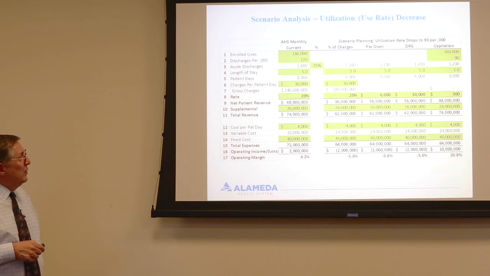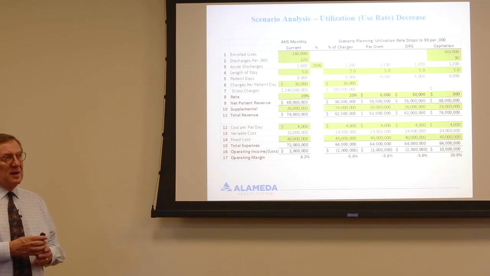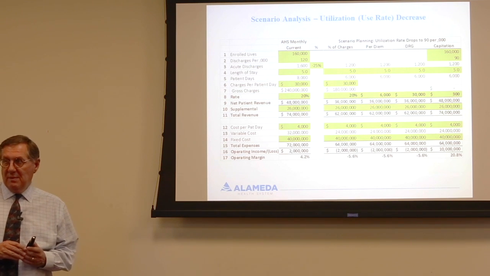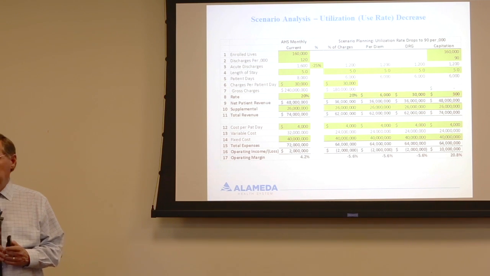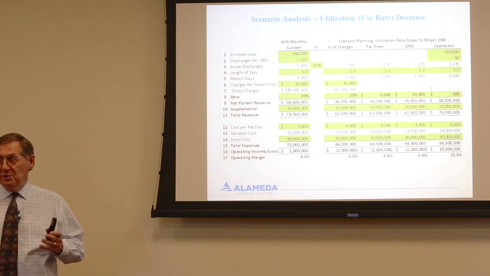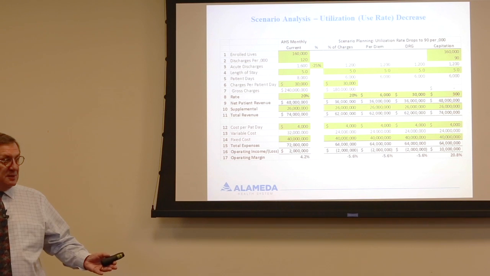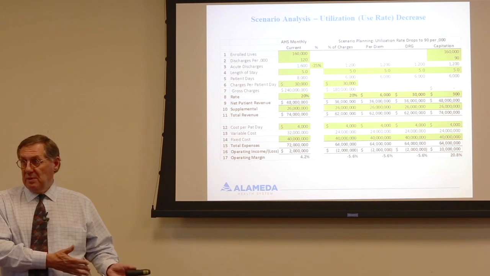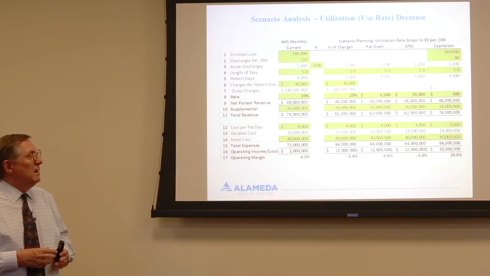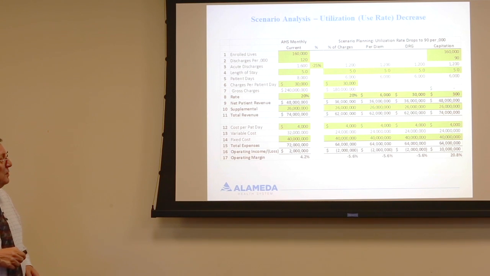So if we looked at our population and say, well, there's a lot of overutilization going on, we're going to maybe invest in care coordination and population health management and expanding access and maybe try to keep people out of the hospital, okay? So it's actually possible to reduce the use rate, but let's look at what would happen here. So we'd have same enrollment, so their revenue is 48 million, it's going to stay the same, okay?